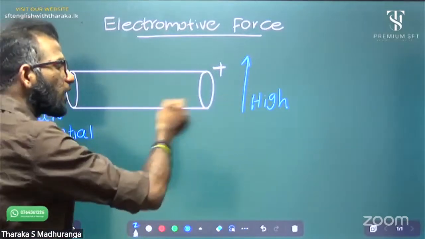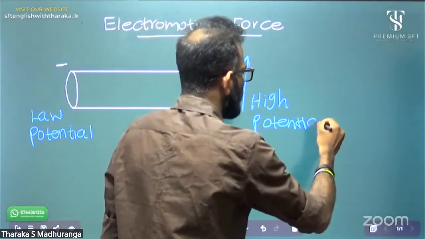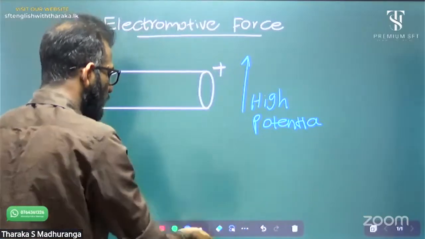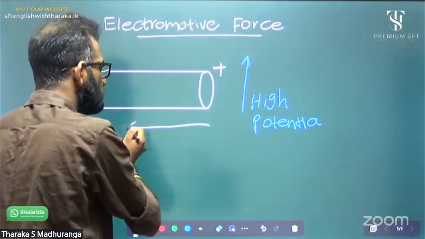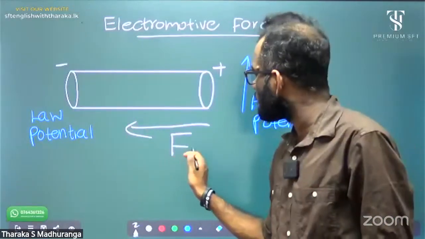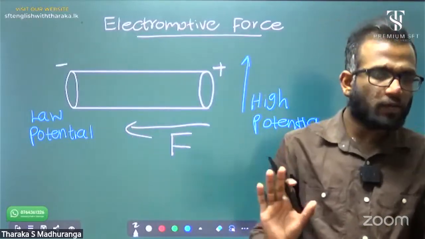Due to this high and low potential difference, there is a force acting from high potential to low potential. This is the electromotive force. This is the force generated from high potential to low potential. That is the electromotive force.